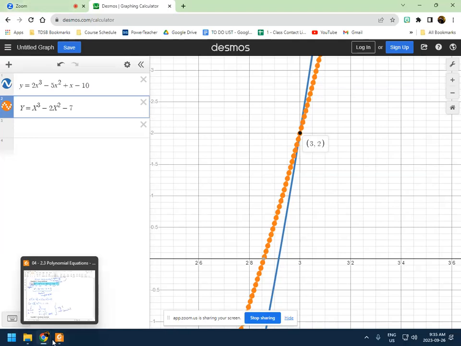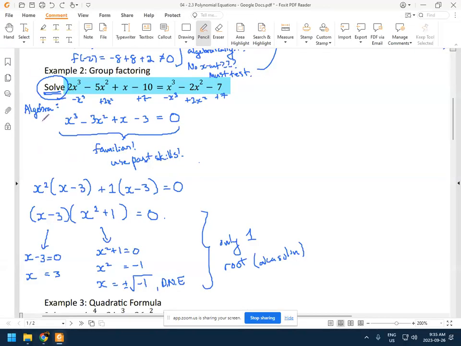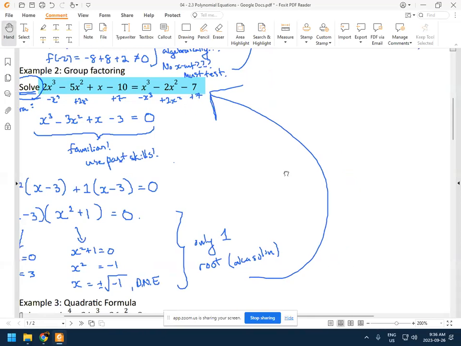When I ask you the question solve, that's what it means. What is the x value that makes this true? If one side does equal 0, great, we can use our factoring skills. But we always got to bring this solution back to the original question.